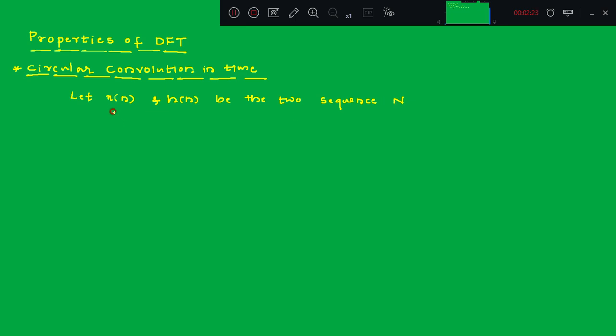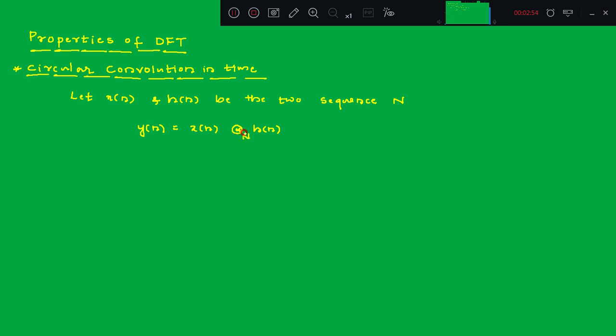Then the circular convolution of these two sequences is given by y of n, which is x of n, and here I have one more sequence h of n, and circular convolution is symbolically represented by a star enclosed by a circle, and here I will write capital N, and this capital N stands for what?